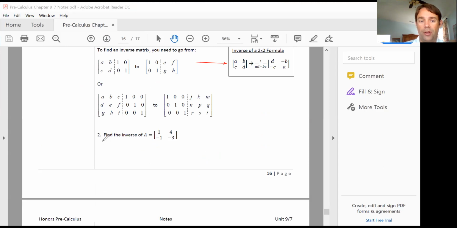All right. So now when you're trying to get an inverse matrix, it's all about row reduction. So remember when we did our augmented matrices? Yeah, that's what we're going to be doing here.